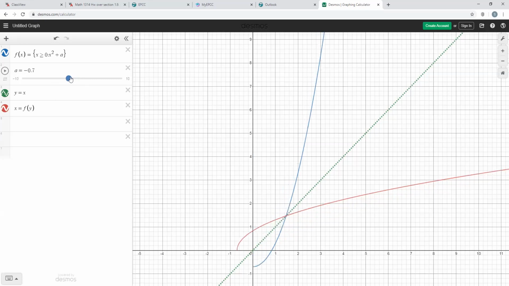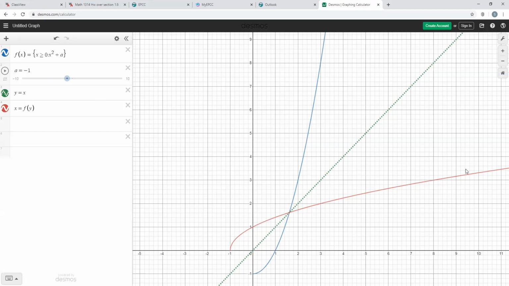That's kind of neat. So this would be right at a equals -1, x squared minus a. I mean, x squared minus 1. And then we're going to be asked how to find this equation right here.